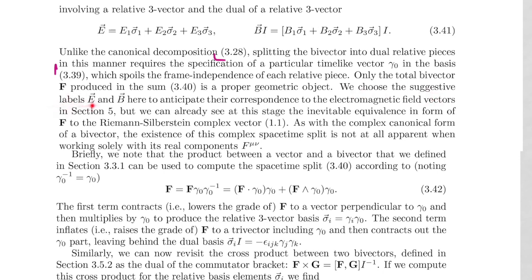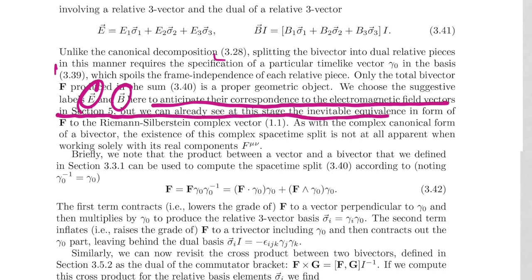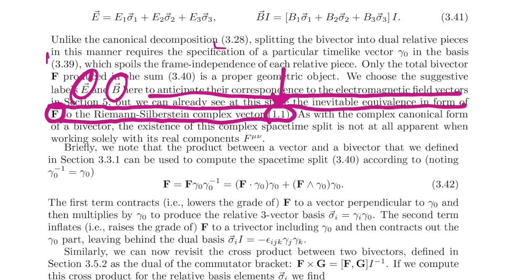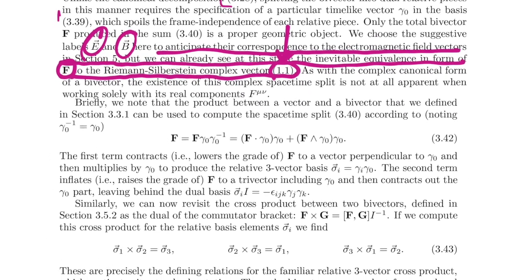We choose the suggestive labels E and B to anticipate their correspondence to the electromagnetic field vectors in section 5, but we can already see at this stage the inevitable equivalence in form of F, the bivector F, to the Riemann-Silberstein complex vector given in 1.1. So we didn't bother, you may remember early on when we started this, we didn't read the first section, which was sort of the history of mathematical formalisms for electromagnetism.